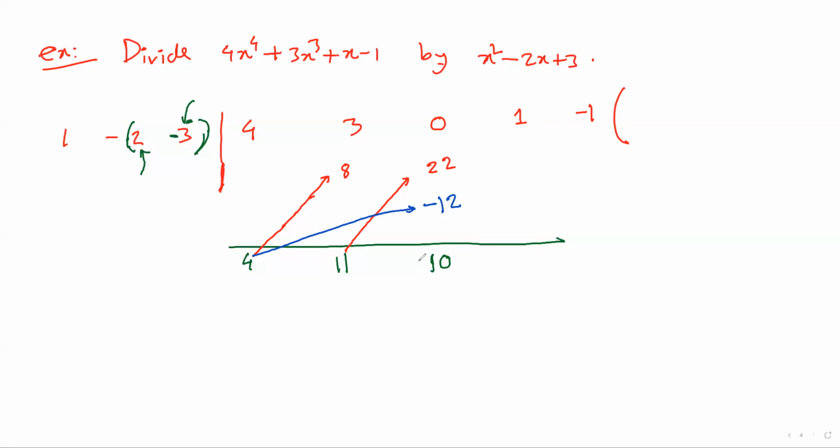So let's choose red again. So multiply 10 by red line, I mean again multiplication by 2.